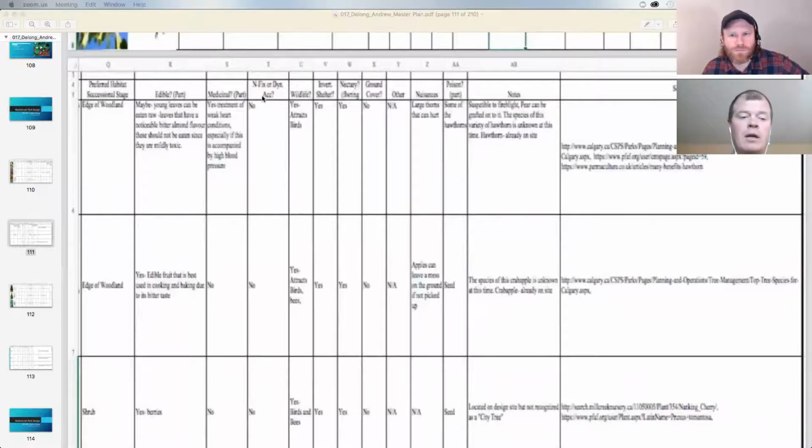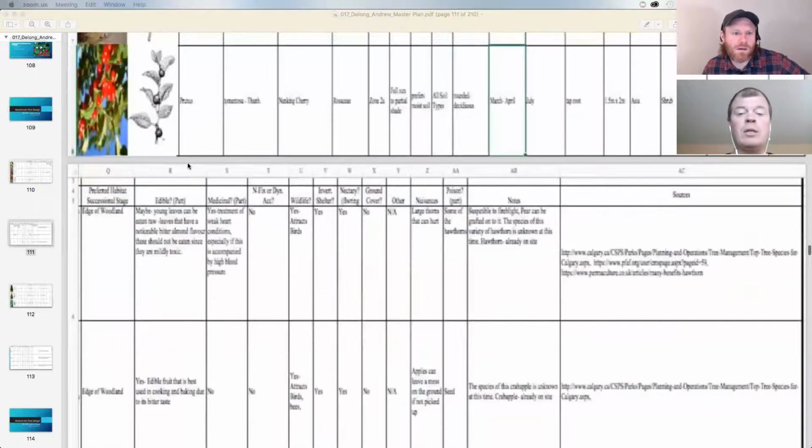Another thing that I notice here: it's a challenge when you have a spreadsheet with a lot of columns that spreads across multiple pages, and I have a hard time following which species is on which row. One thing that would make that really easy to follow would be to color code each row. You can easily put a color in the entire row. I like to use the lighter colors, like a light green, not something real strong and bright like a bright yellow.